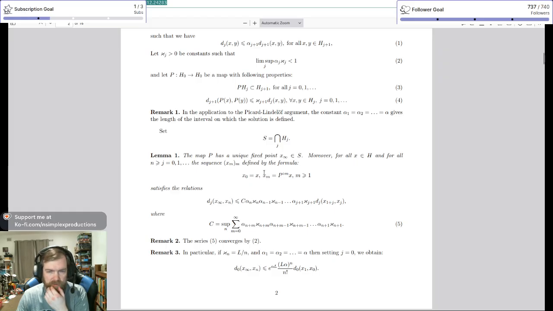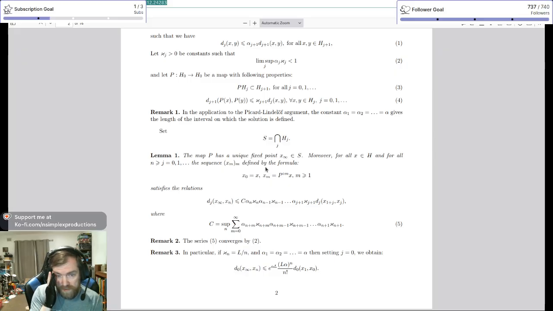Let x sub 0 be x. X sub m is going to be the mth composition of the mapping P on x.